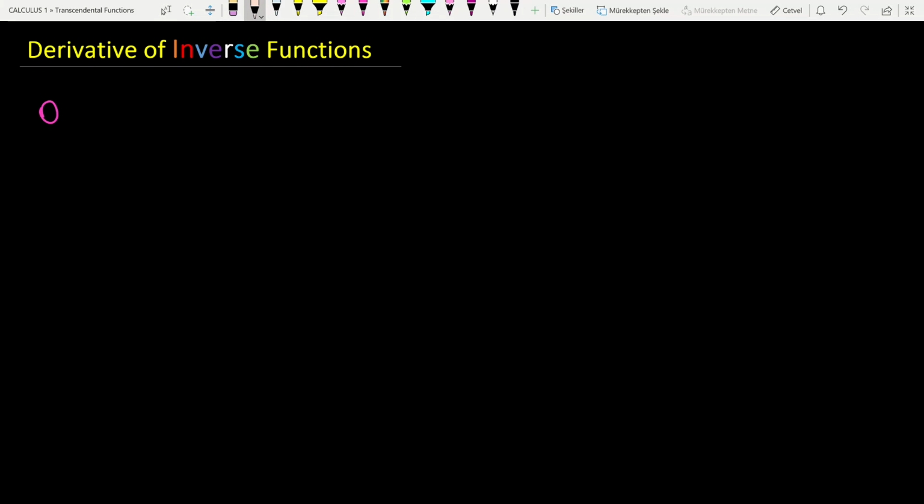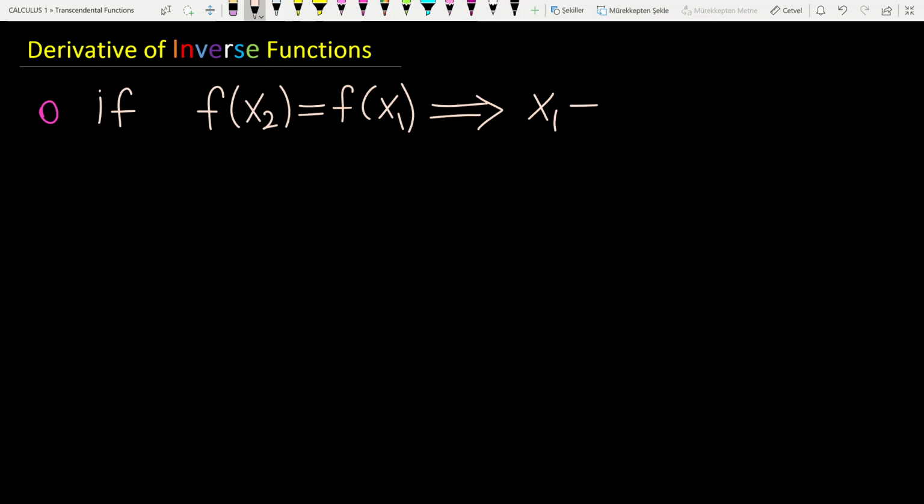A function is one-to-one if for 2 points, let's say x1 and x2, f of x1 equals f of x2 implies x1 equals x2. It's a mathematical description of a one-to-one function. If you have this implication, it means the function is one-to-one.